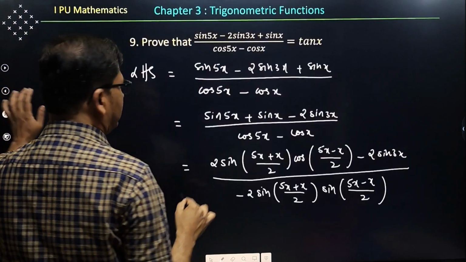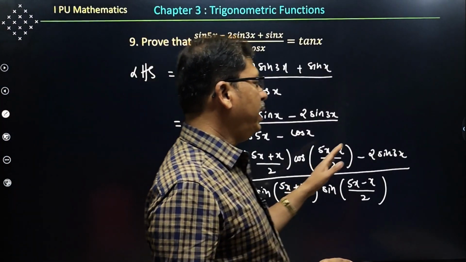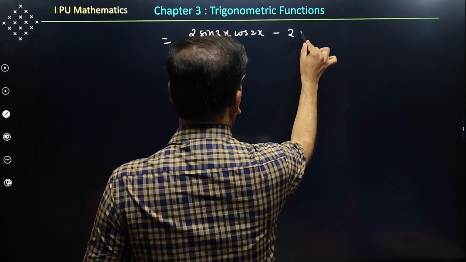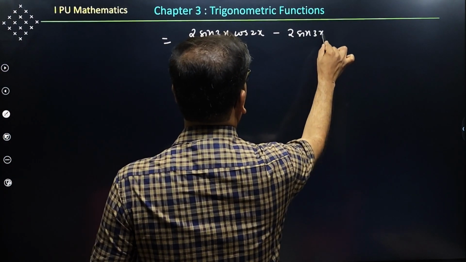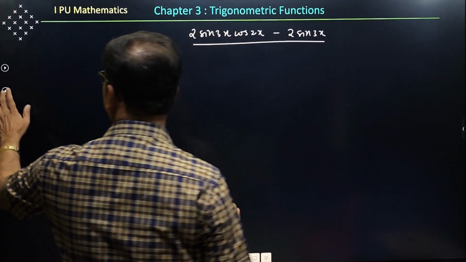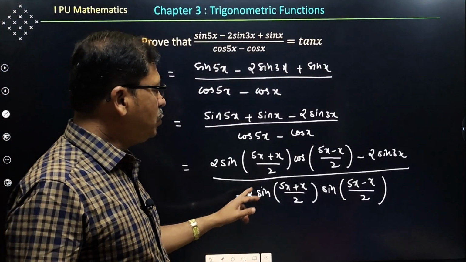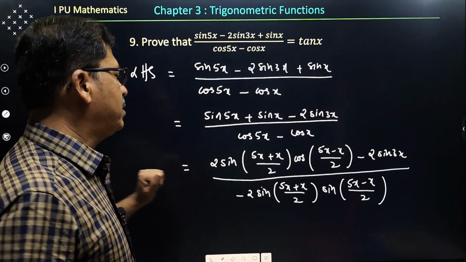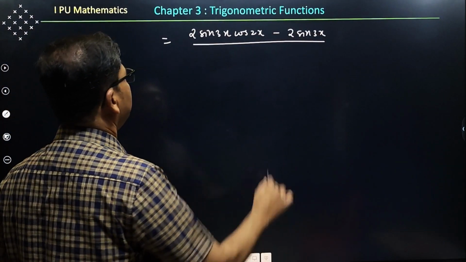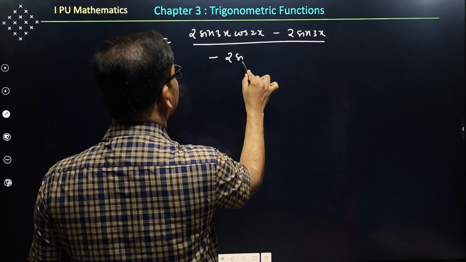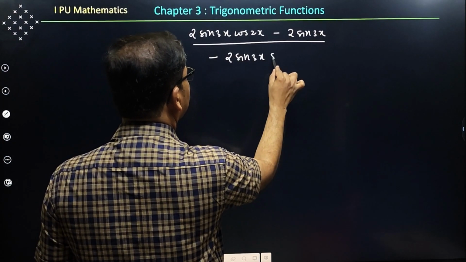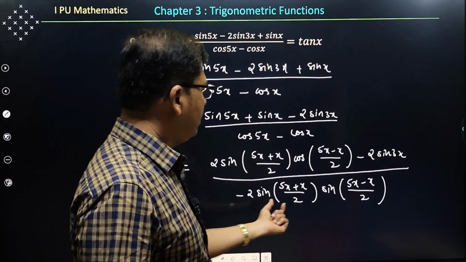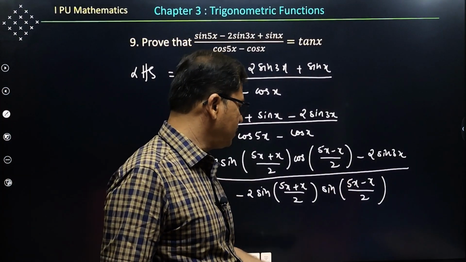Next, minus of 2 sin 3x is there, whole divided by minus 2 sin 3x into sin 2x. See, this is 3x and then this is 2x.